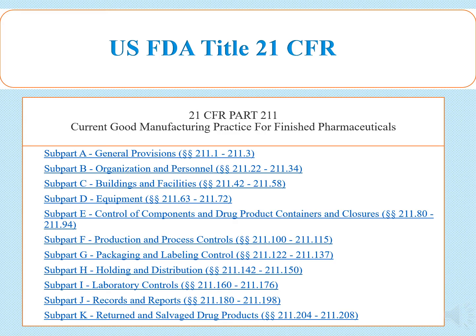211.94. Subpart F, Production and Process Controls, 211.100 to 211.115. Subpart G, Packaging and Labeling Control, 211.122 to 211.137. Subpart H, Holding and Distribution, 211.142 to 211.150.